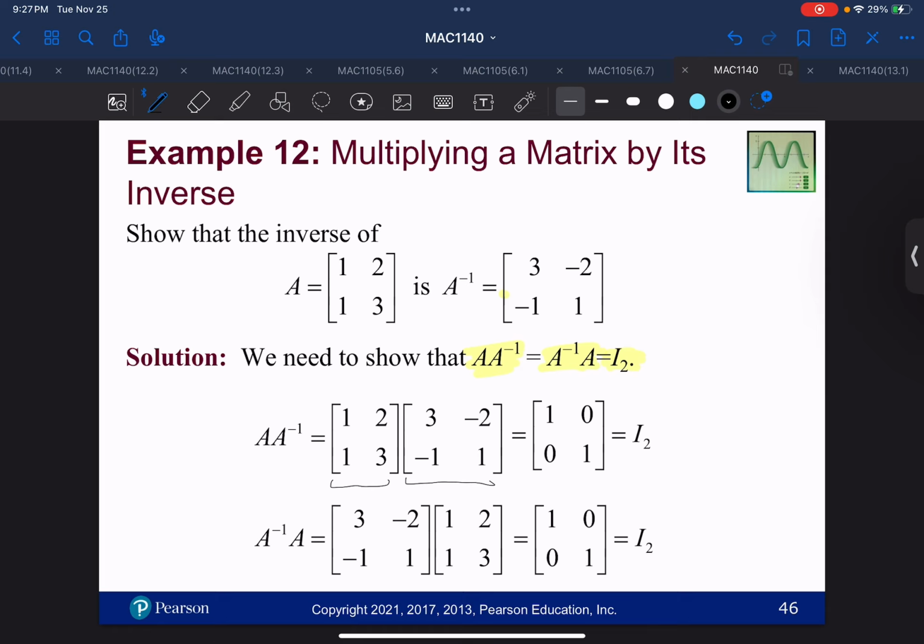If I multiply those out, the first entry, 1, is in the first row, first column. So I would be using the first row of the first matrix and the first column of the second. That would be 3 times 1, which is 3, plus 2 times -1, which is -2, and 3 plus -2 is equal to 1.